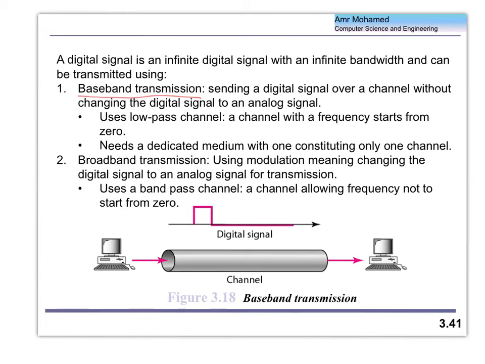What is the problem with transferring digital signals over any transmission medium? We talked about that last time: any digital signal that has an abrupt change like this, what does it correspond to in the frequency domain?